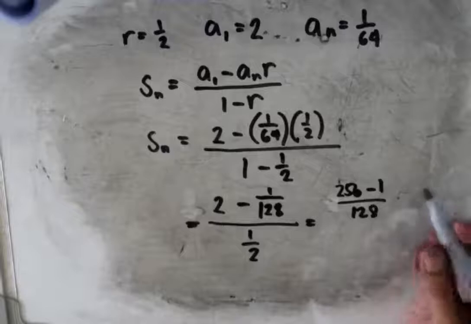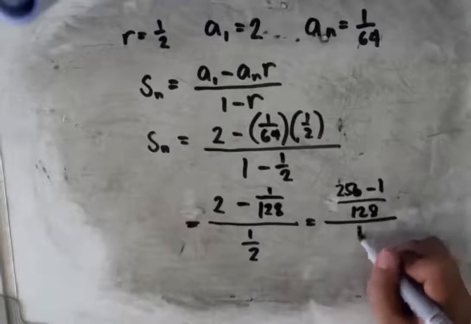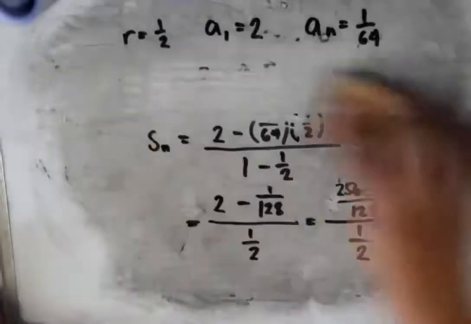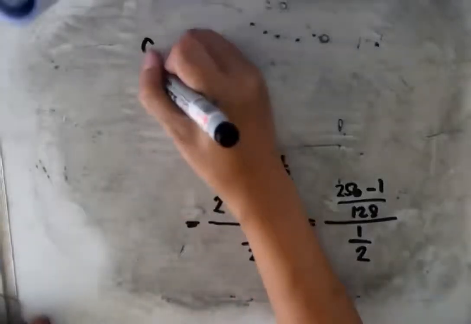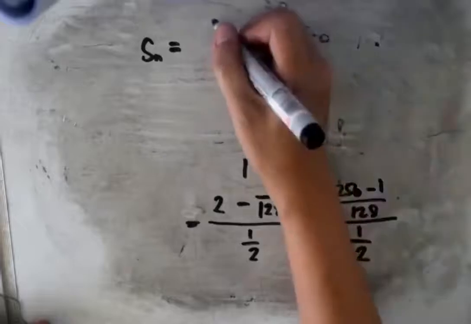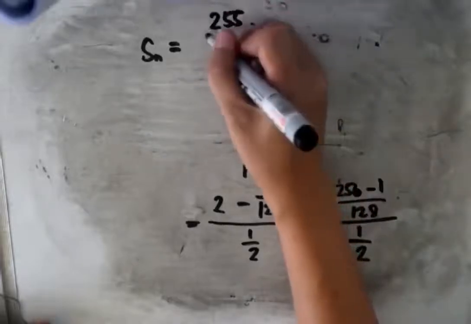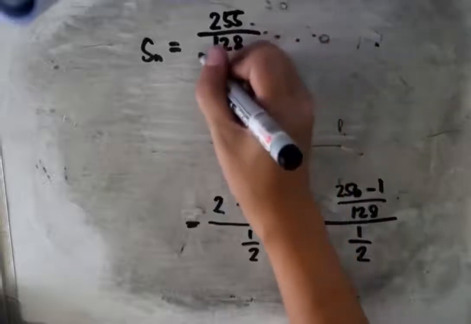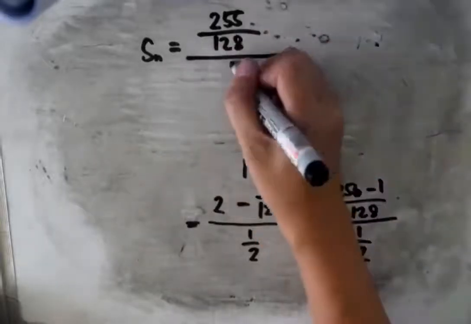So, minus 1. Okay. All over 1/2. So, we have here 256 minus 1, that is 255. So, you have here S sub n, 255 over 128. Okay? Divided by 1/2.